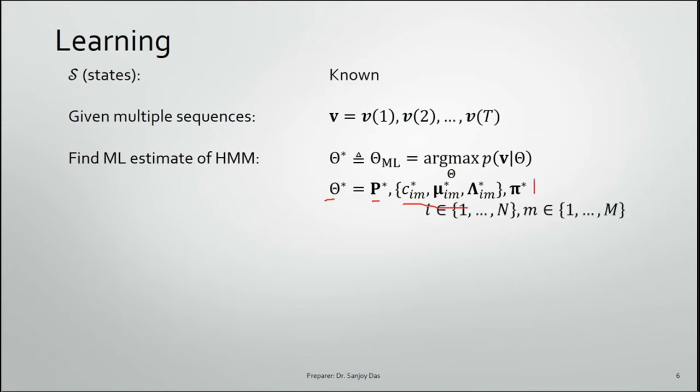And N is the total number of states, I is the index of states, which is between 1 and N, and m is an index for a Gaussian, and that's between 1 and M. And our approach shall be, as always, the EM algorithm.